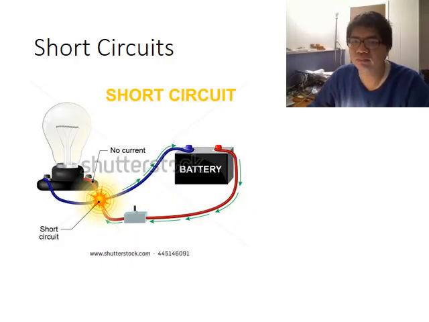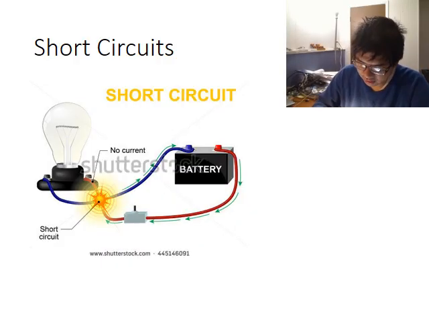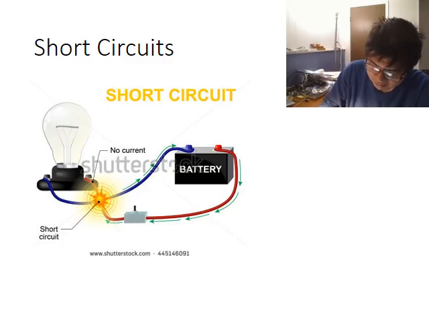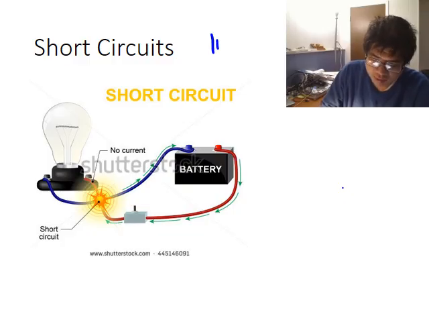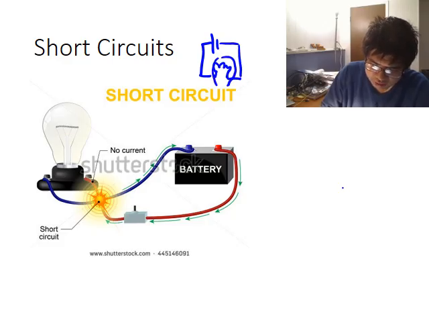So the first one we're looking at is the idea of a short circuit. Let's think about this. Over here, you have a battery connected to a bulb. Normally, here's my battery connected to my bulb. The bulb has a certain resistance.